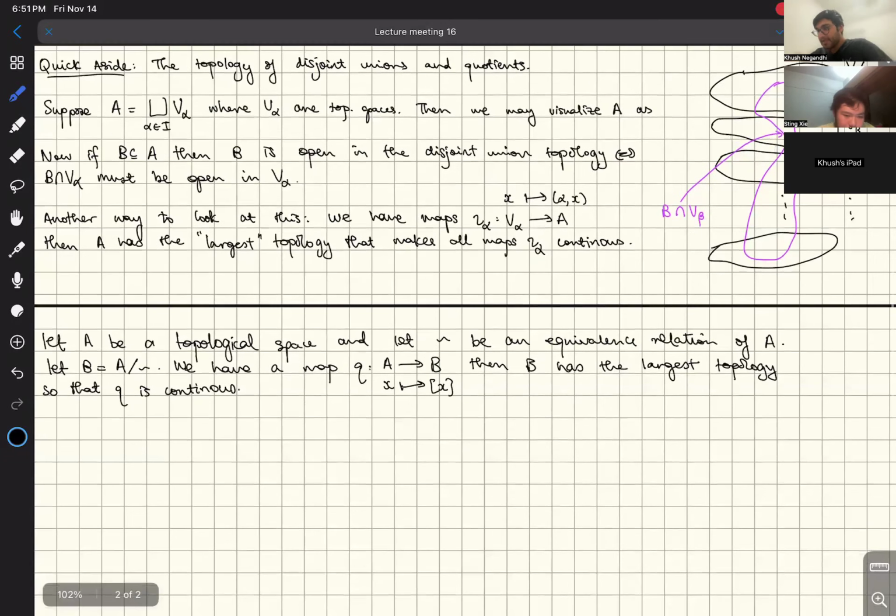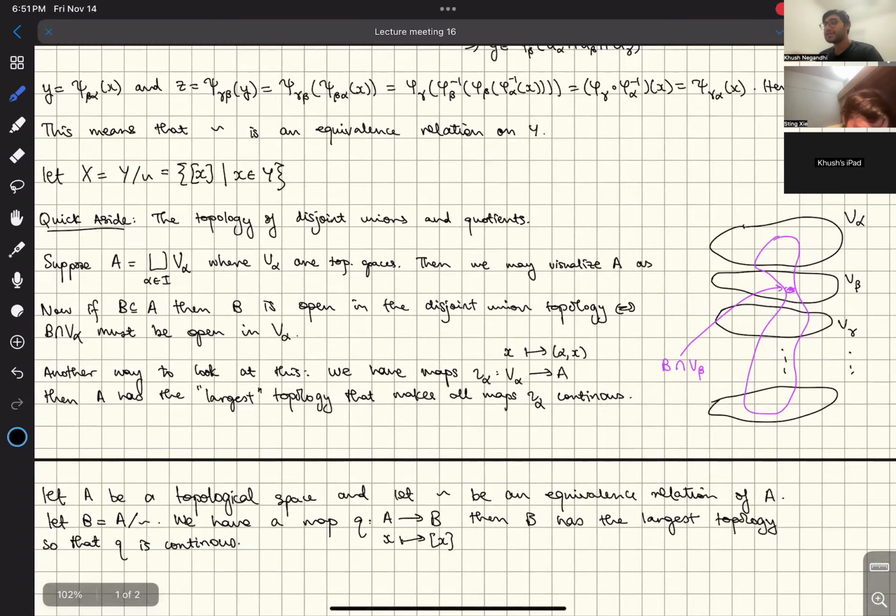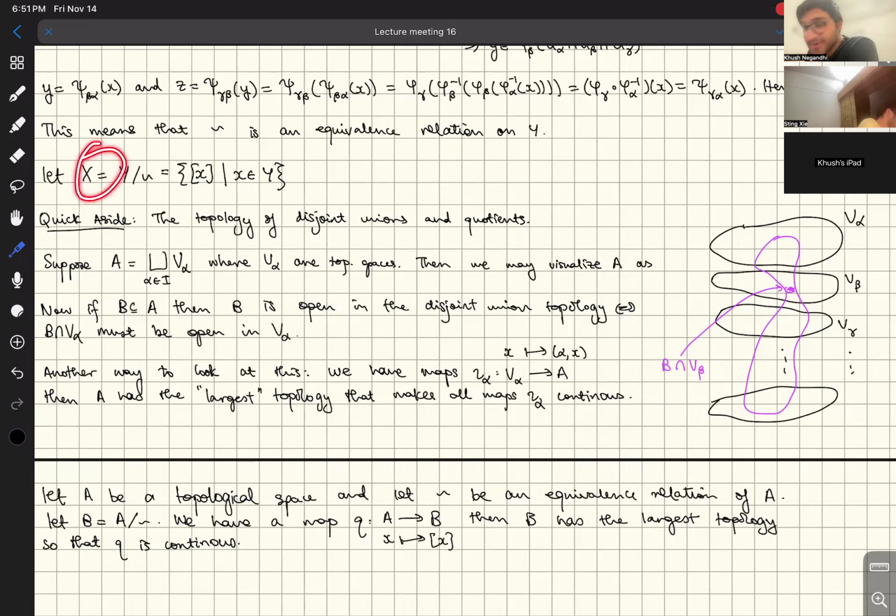Okay, so with this quick aside on topology, we now get that X, if you use some theorems from topology that we will not think about too much, X is a topological manifold.